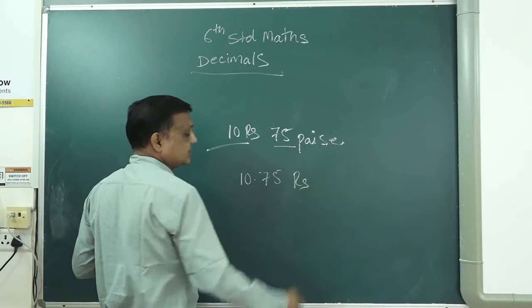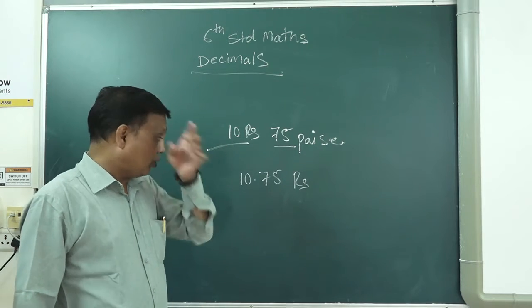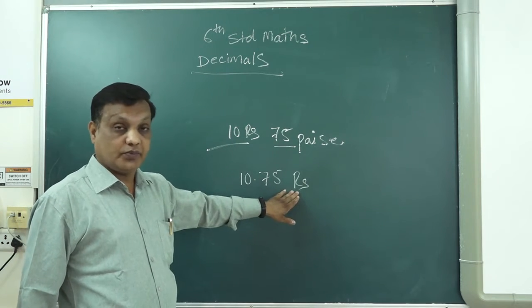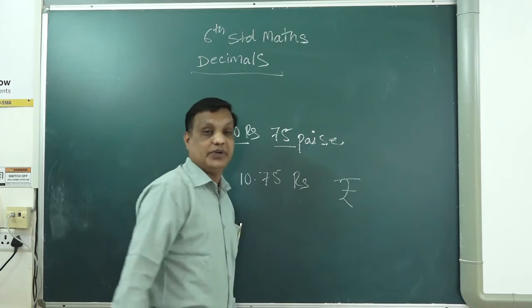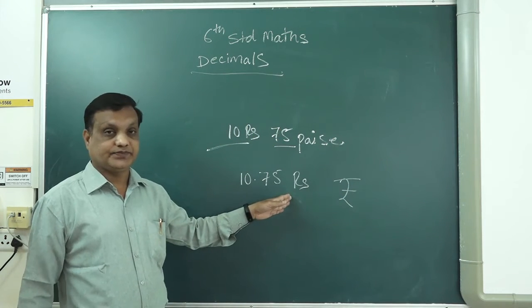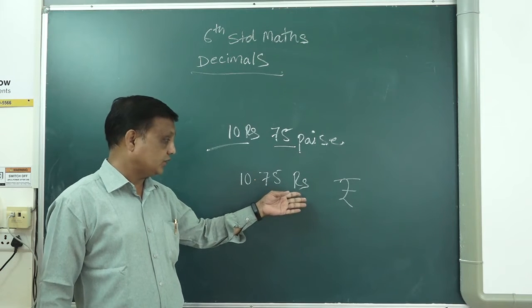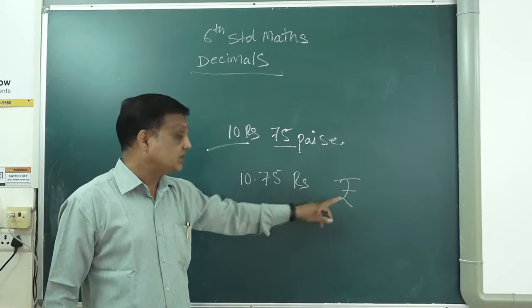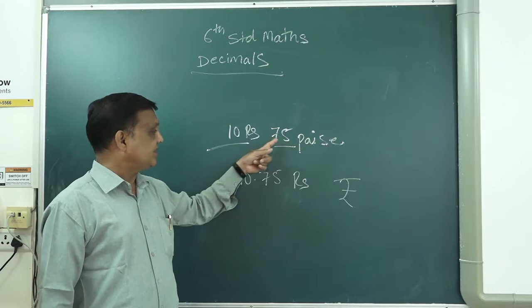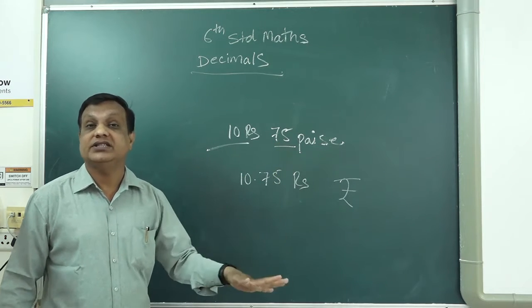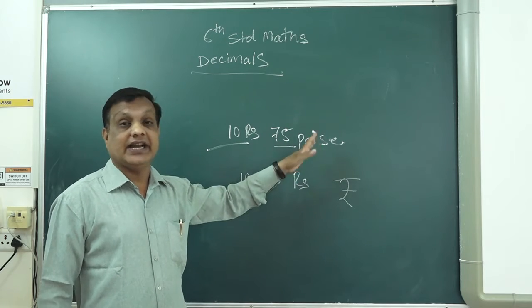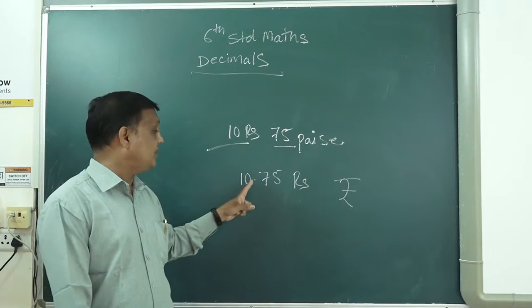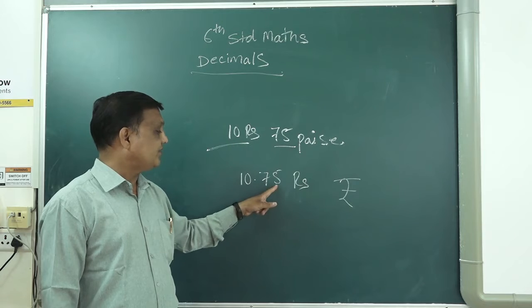10.75 rupees. Now the rupee symbol has changed. This older one is not the rupee symbol anymore; it was removed. Now this is the symbol of rupees. Now, 10 rupees 75 paise: if I want to write it in decimal, in rupees only, without separating the paise, how will we write it? 10.75 rupees.